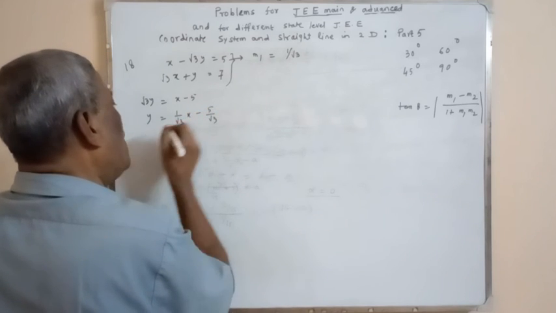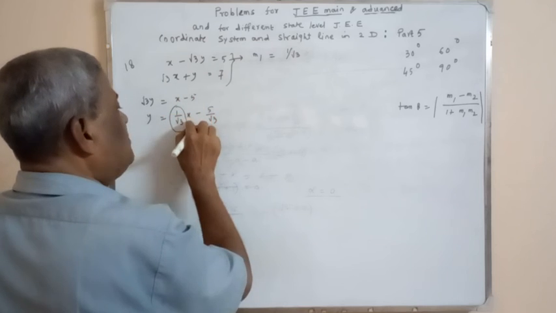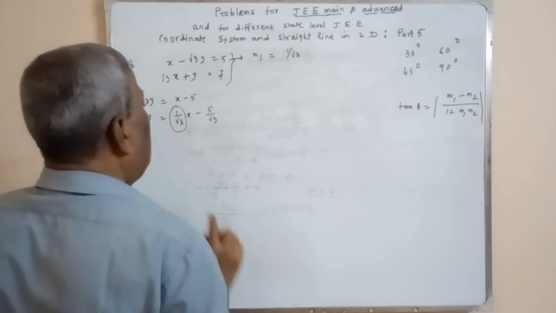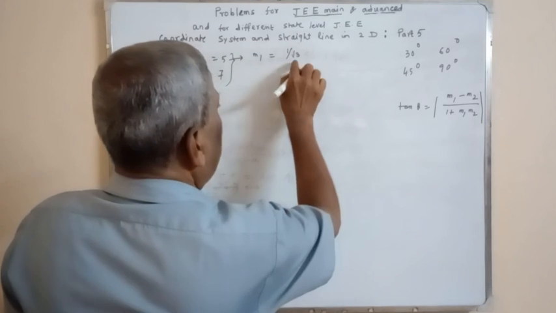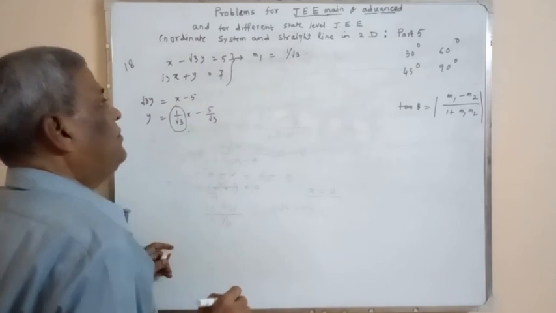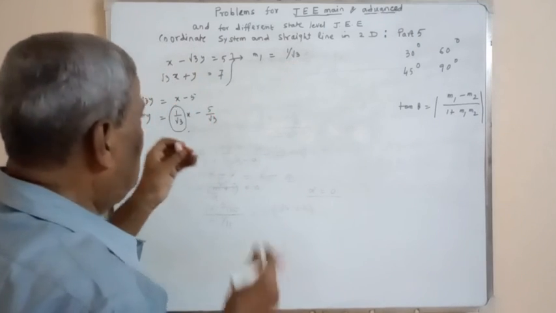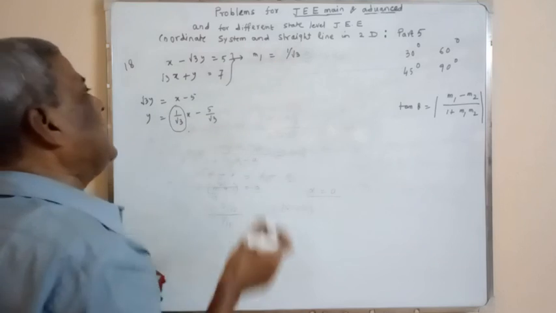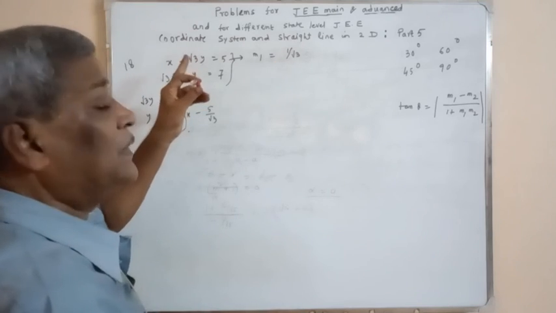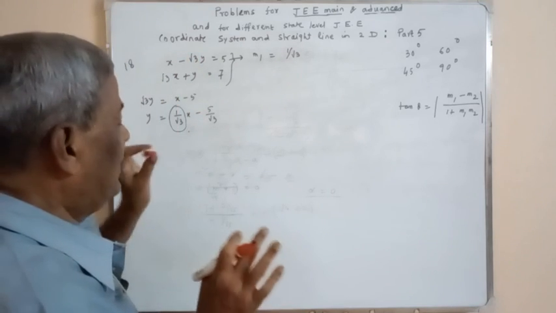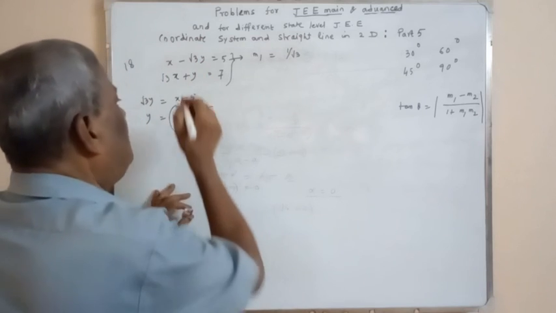So it is of the type y is equal to mx plus c. So m is 1 by root 3. From here, by taking y to one side and dividing by its coefficient, you get it very easily.